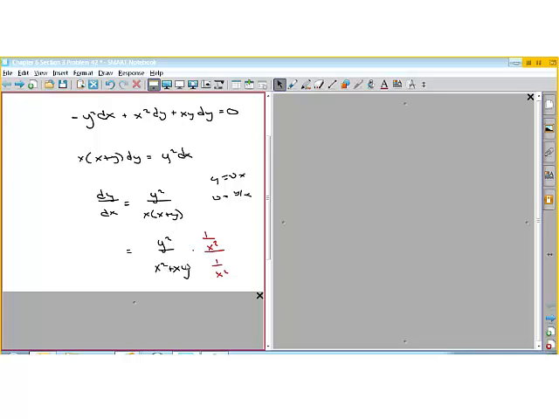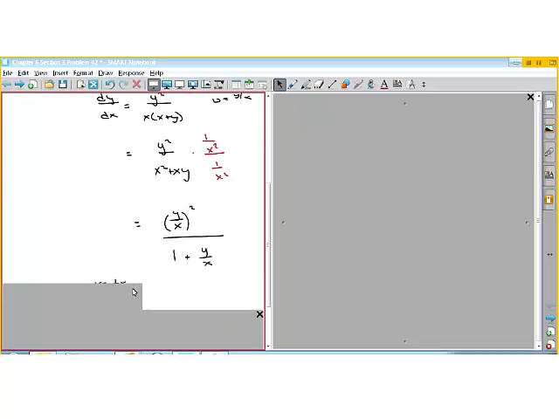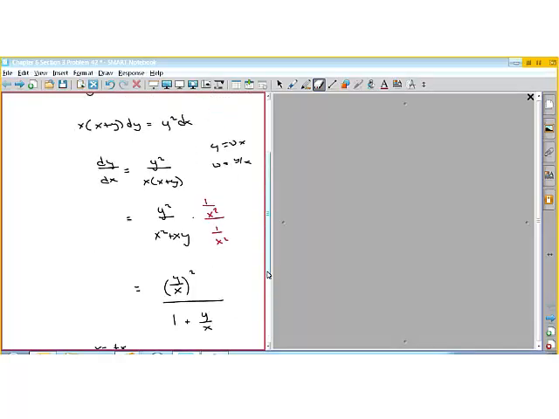This will become 1 plus y over x. Okay, and then we make the substitution. This is to show that it's homogeneous, which it is. And then you could put in ν for this. Okay, that was proving it's homogeneous.